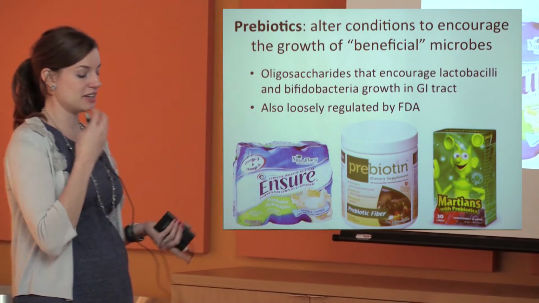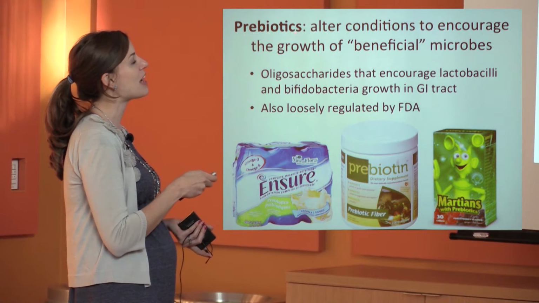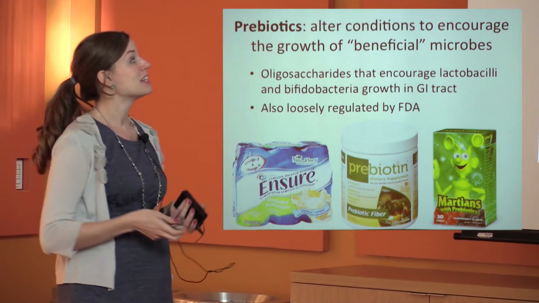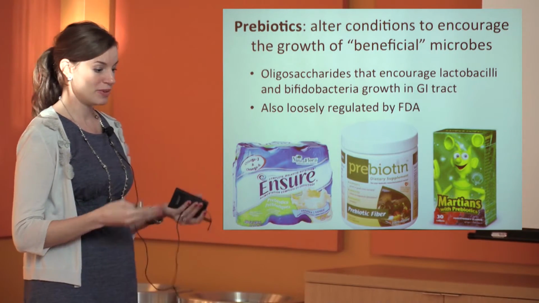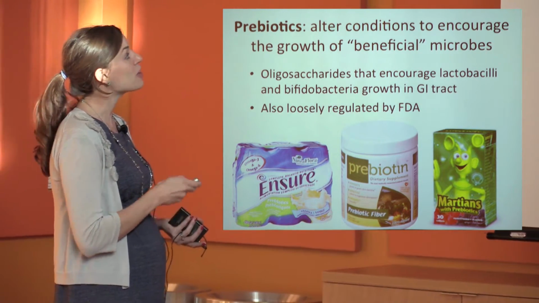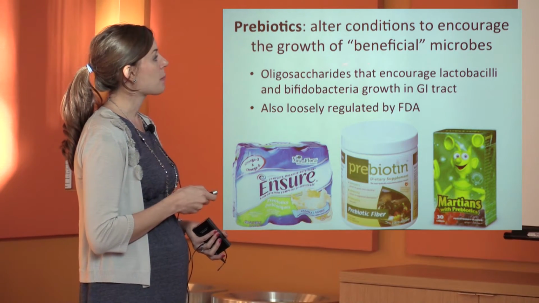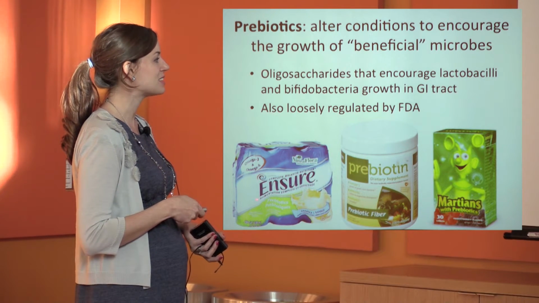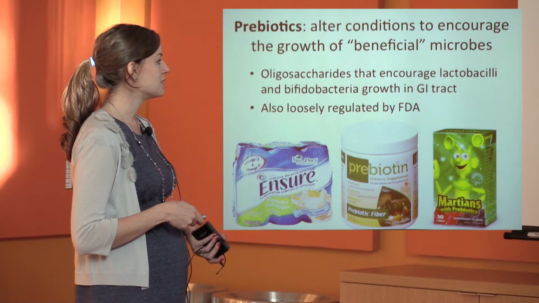On the other hand, there's these prebiotics, and this isn't a live bacteria. This is like the fertilizer. You can alter the conditions of your ecosystem and encourage the growth of beneficial microbes. So in this case, Ensure is marketing prebiotics in their drinks.